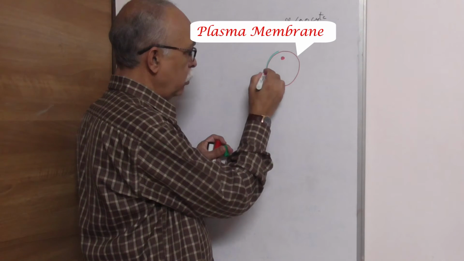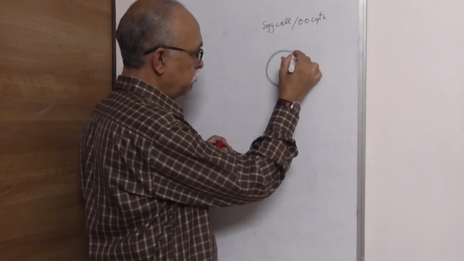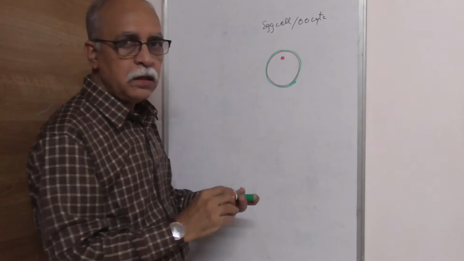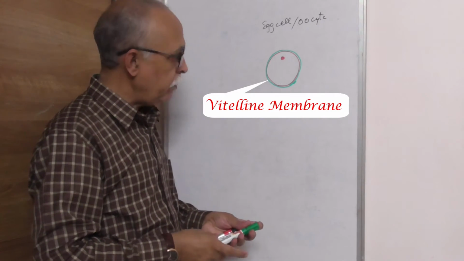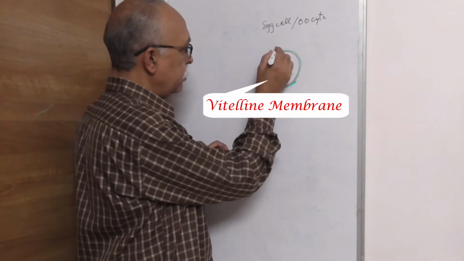There's one more covering around. This is called the vitelline membrane. Around this vitelline membrane, there is one more layer.